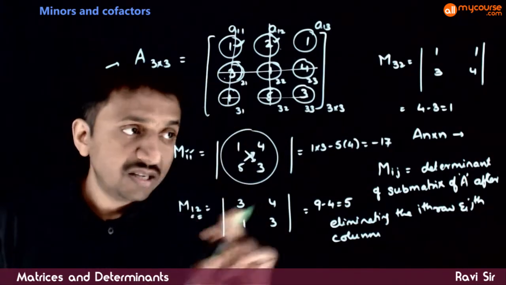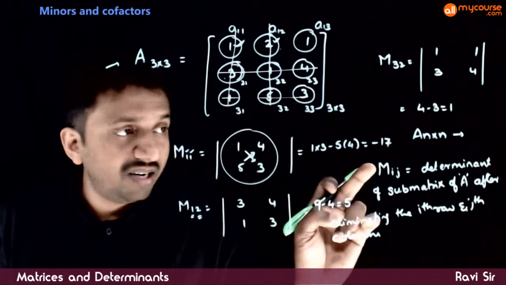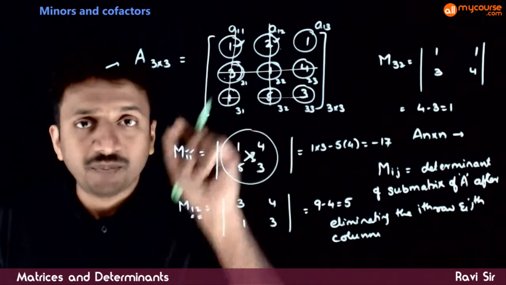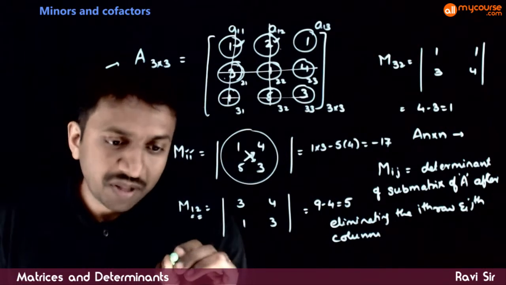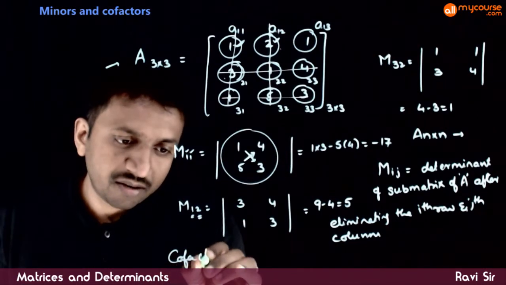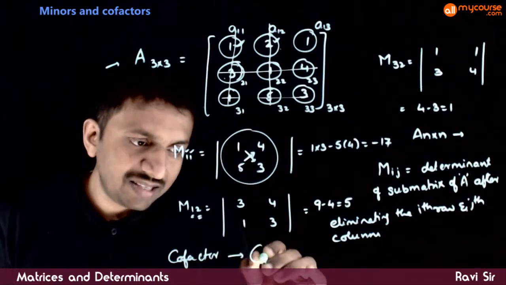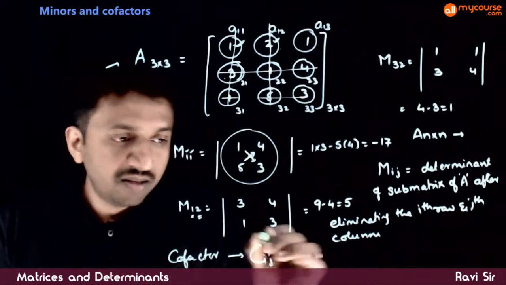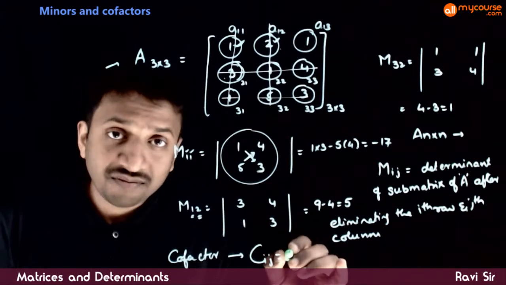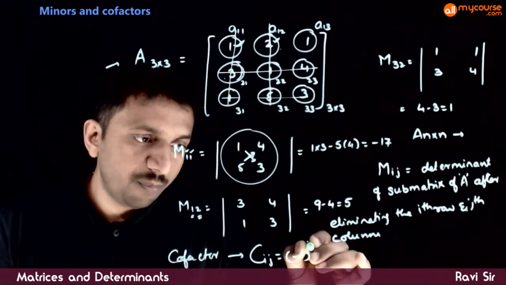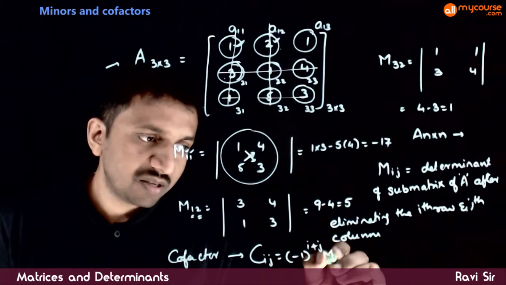Now, after defining the minor of a position, we define something called the cofactor of the position, represented by Cij, whose definition is (minus 1) to the power i plus j times Mij.